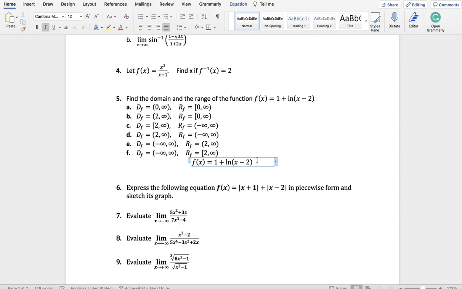Eliminate all the values smaller than 2. Right. All the values smaller than 2. Why? Why only smaller than 2? If you don't mind answering that for everyone else.